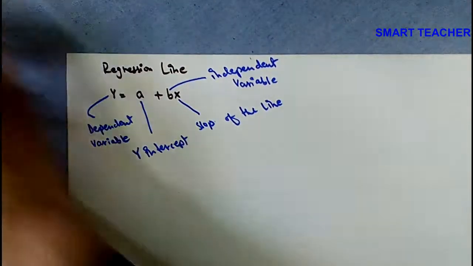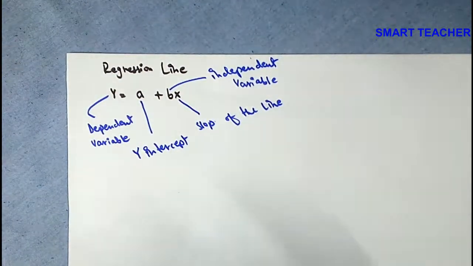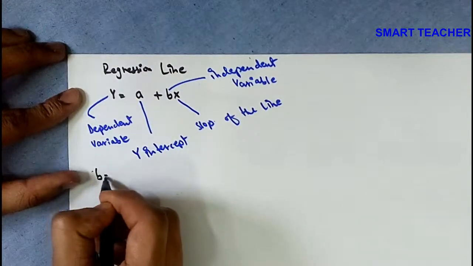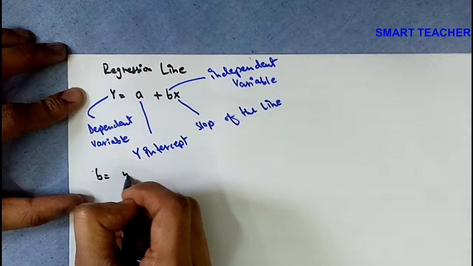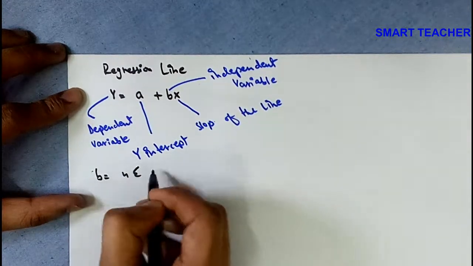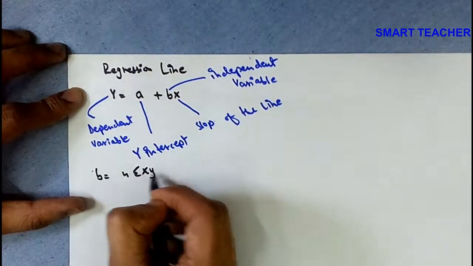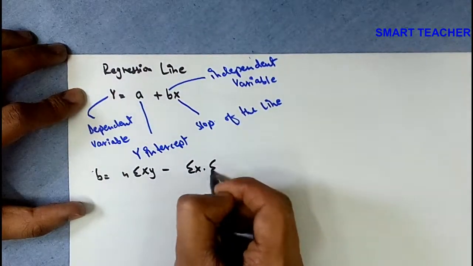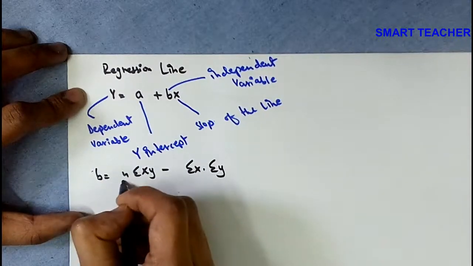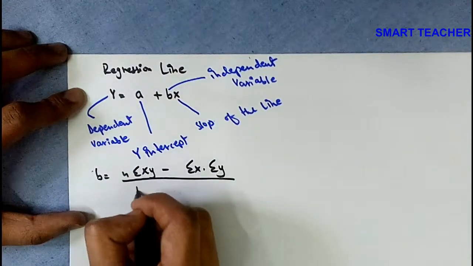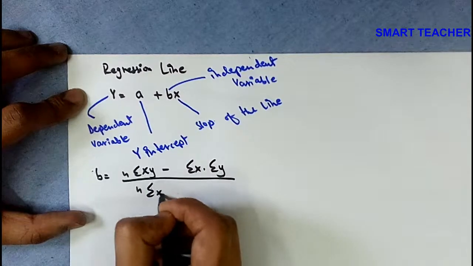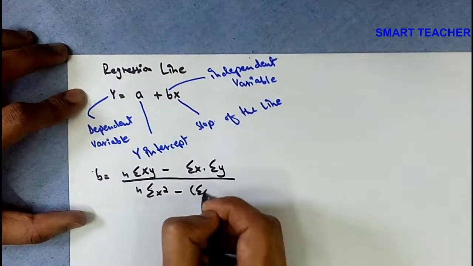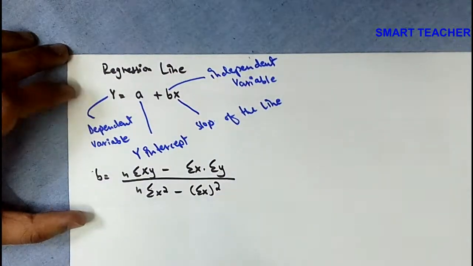Now, writing the formula of b: n sum of xy minus sum of x multiplied by sum of y, divided by n sum of x square minus sum of x whole square.